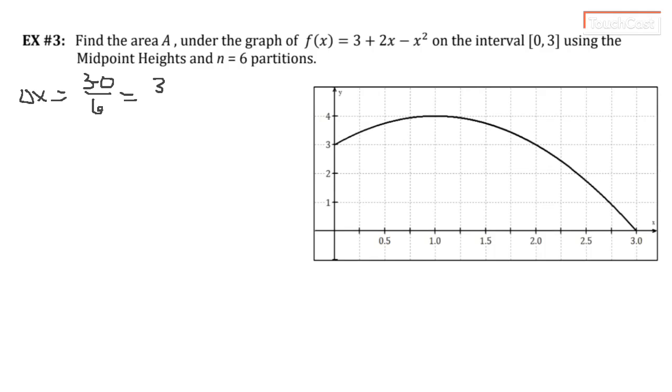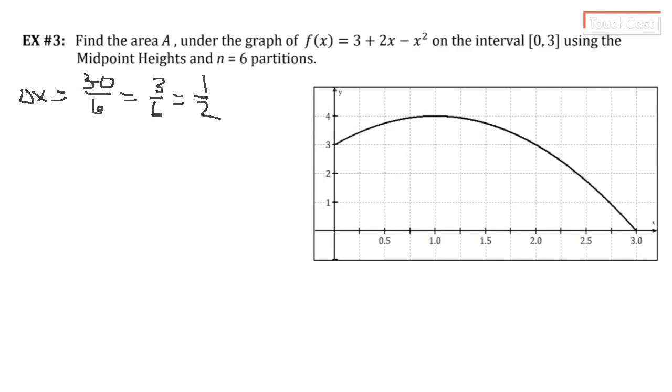So we're going to get 3/6, or a half. So at every half, that's going to be the width of our rectangle. So between each half is where we're going to put that point.